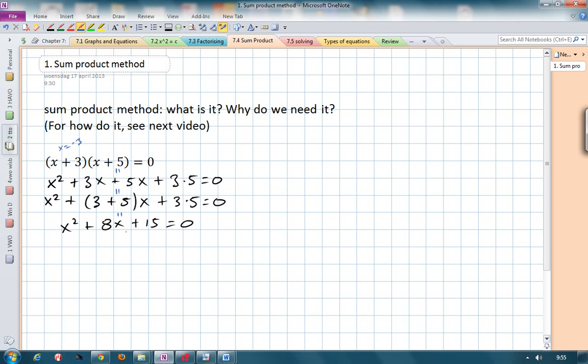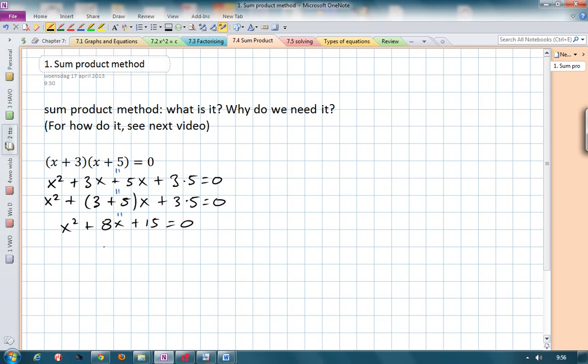If I put minus 3 into here, I get minus 3 squared is 9, plus the 15 is 24. The 8 times minus 3 is minus 24. Yes, that is equal to 0. These equations are equivalent.